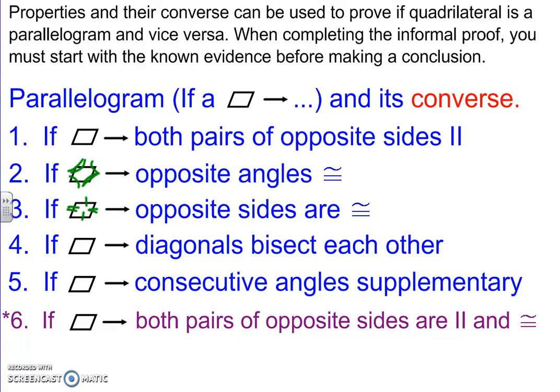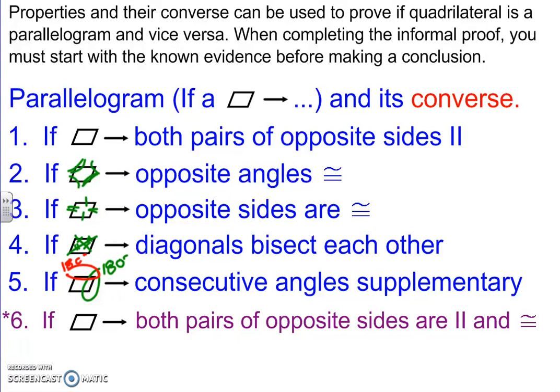And then if a parallelogram, diagonals bisect each other, so we do this here. If a parallelogram, consecutive angles are supplementary, so these two angles together would be 180 degrees. And another pair of consecutive angles would be here, 180 degrees.